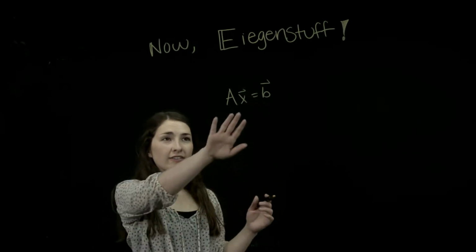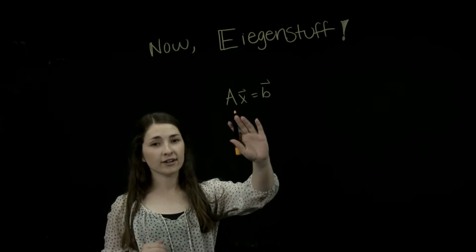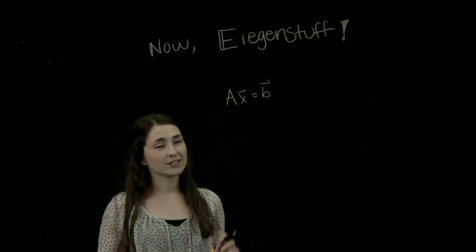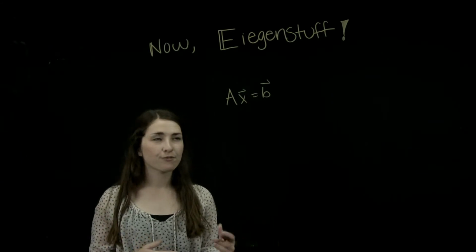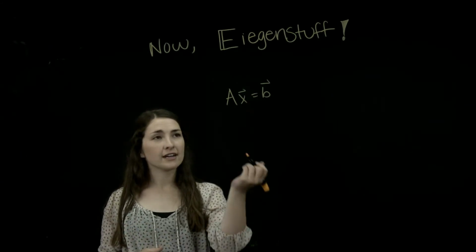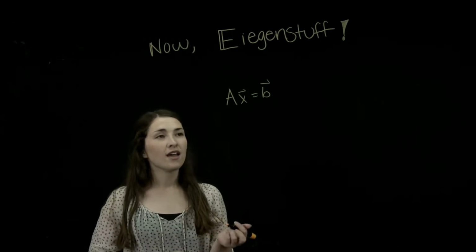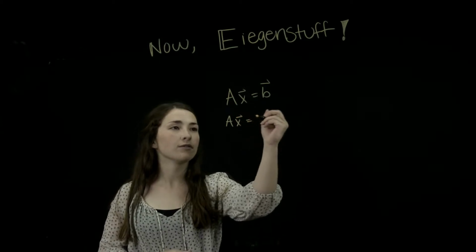We can think of A as a cocoon that's wrapping itself around our x vector and then transforming into a beautiful new butterfly, or new b vector. So it can change its magnitude or its direction or both. Let's look at a specific case of this linear transformation.